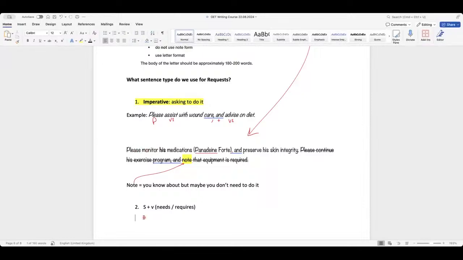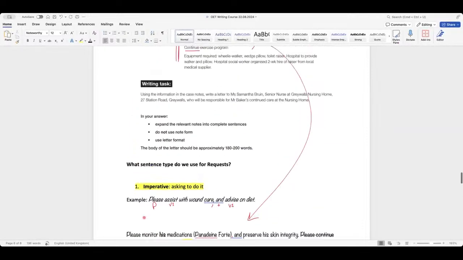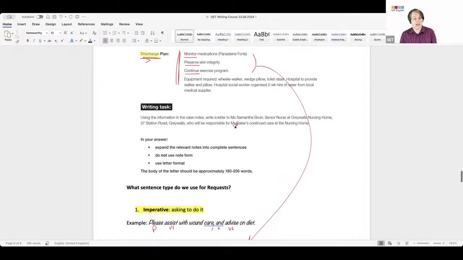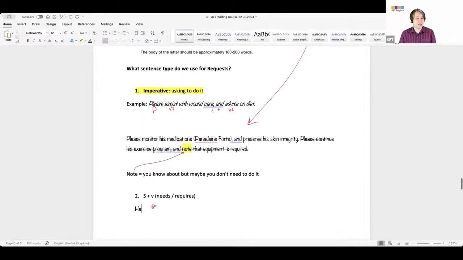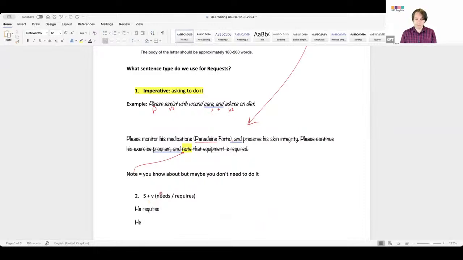Mr. Baker. So he is a male. So Anna, look, he. What's my verb? He requires. Or Anna, we could say he needs. Okay.